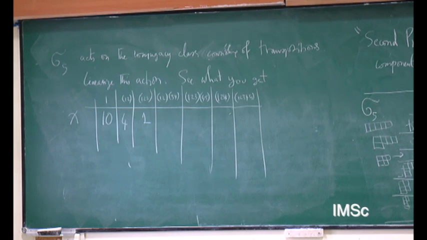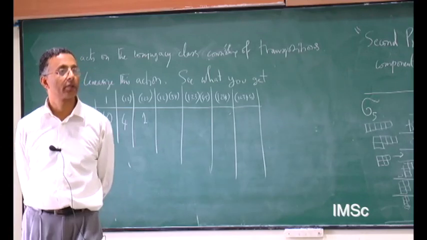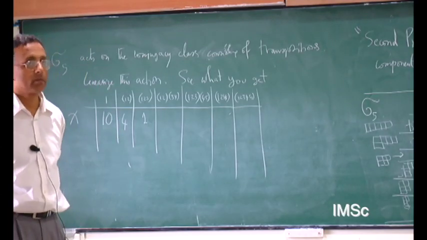It does fix (4, 5). It commutes with (4, 5). Not (1, 2), (1, 3), (2, 3). How many transpositions does (1, 2, 3) fix? (4, 5). Nothing else.